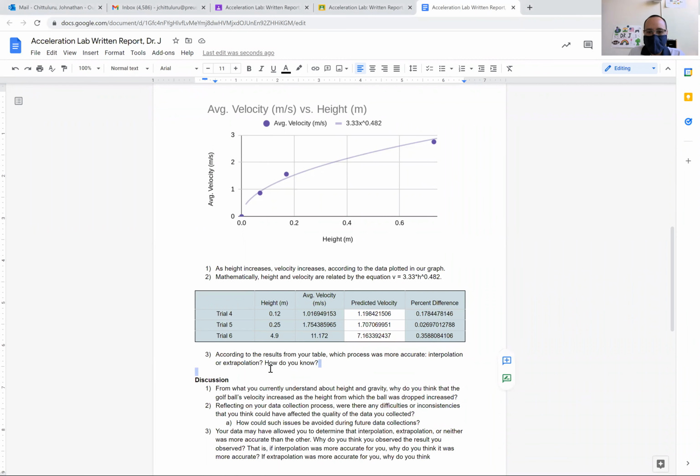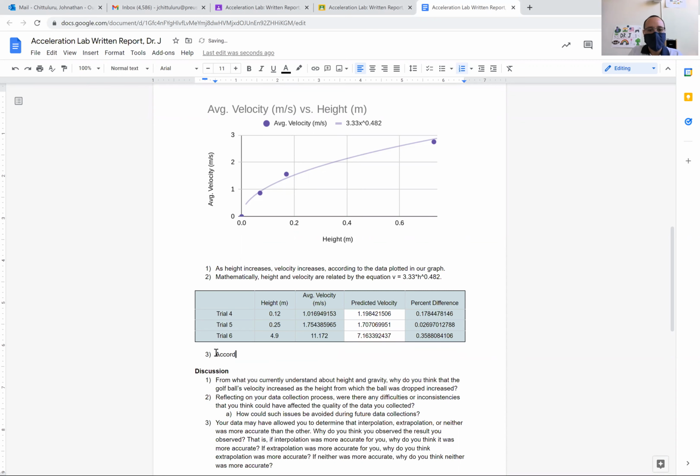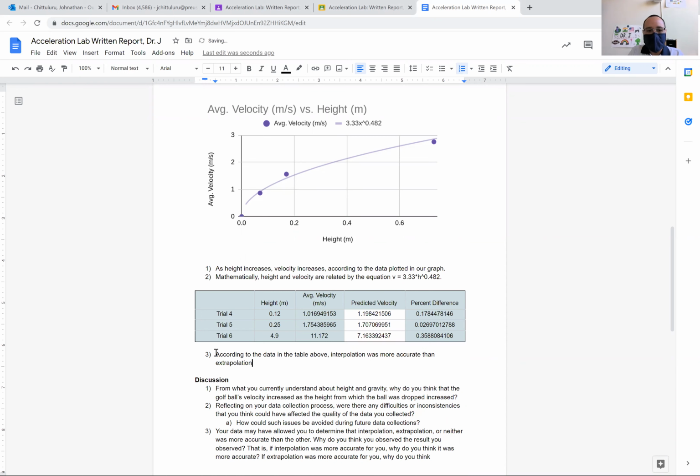Okay, so in this case, according to my results, which process was more accurate, interpolation or extrapolation, and how do I know? So according to the data in the table above, interpolation was more accurate than extrapolation.